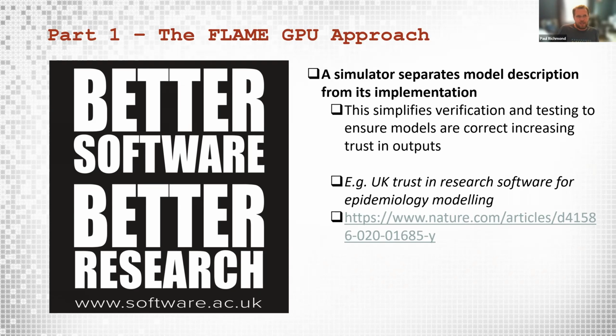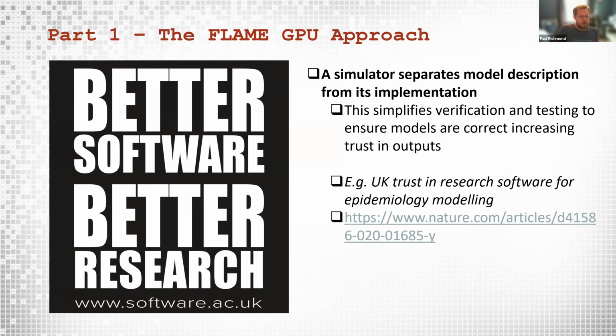This is particularly topical with the COVID modeling work, where we've seen criticisms of some of the COVID modeling. Although it's been proved to be reproducible, there are claims that it's still quite horrible code to look at because of this intertwining of the model and the implementation.